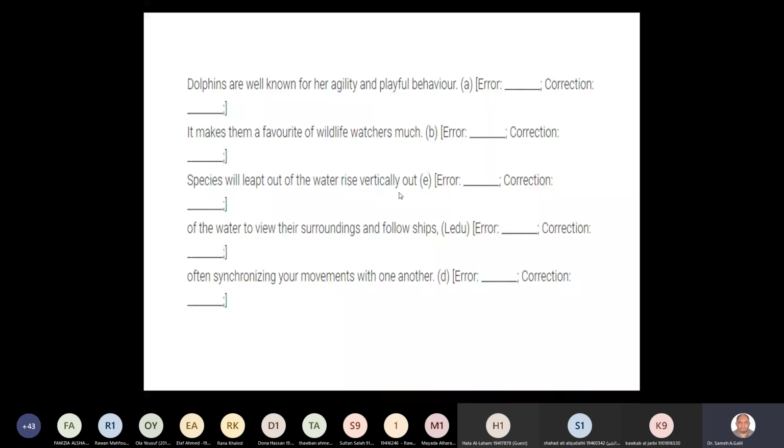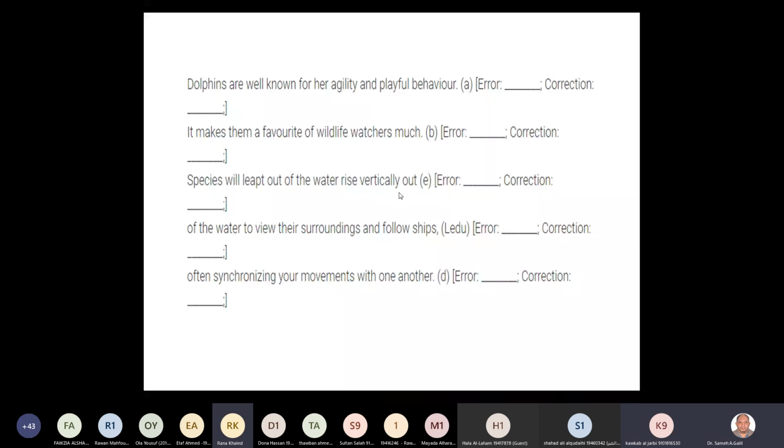I think we will also need to do another adjustment in this sentence. Can you help me with that? Thank you, Kawkab, for your first answer.